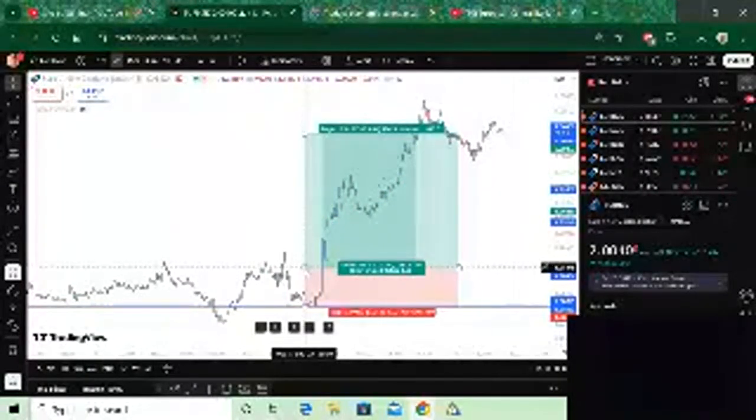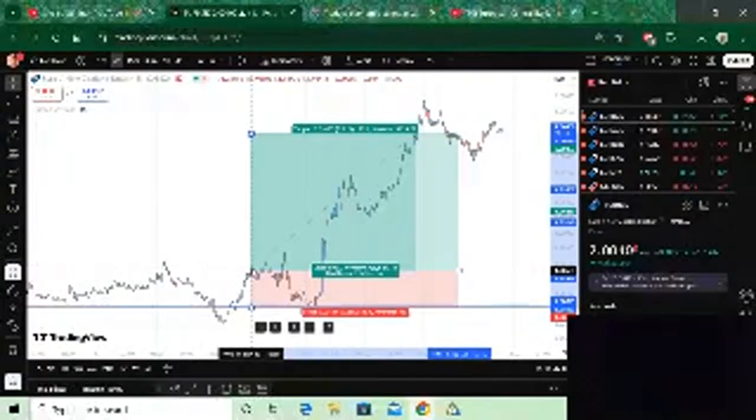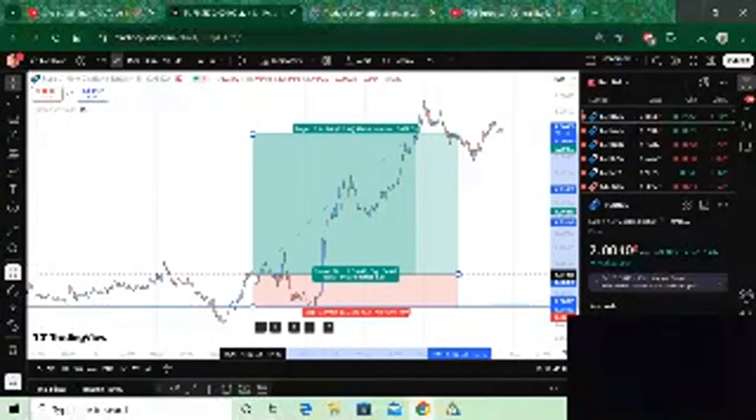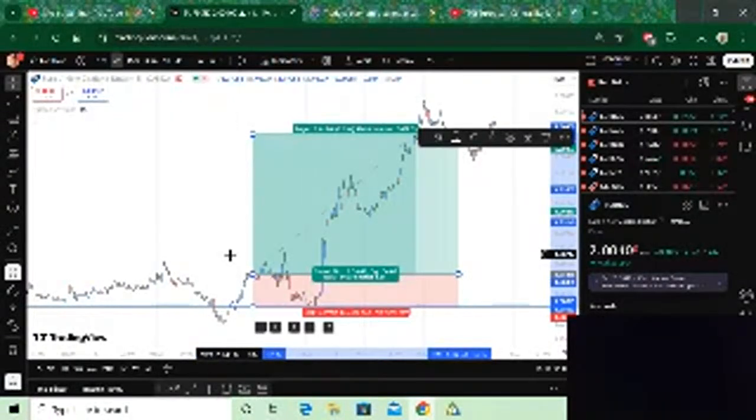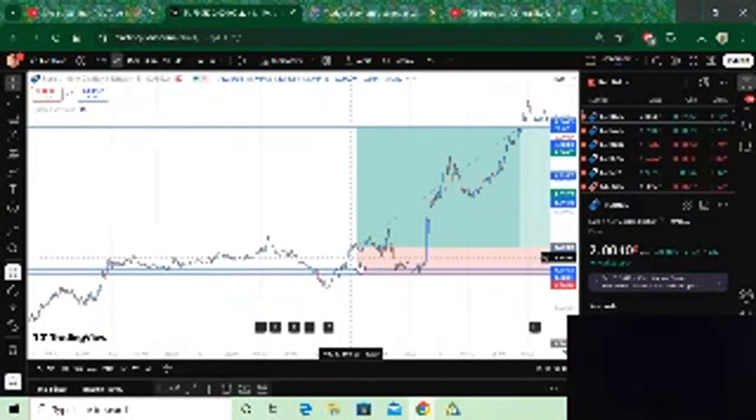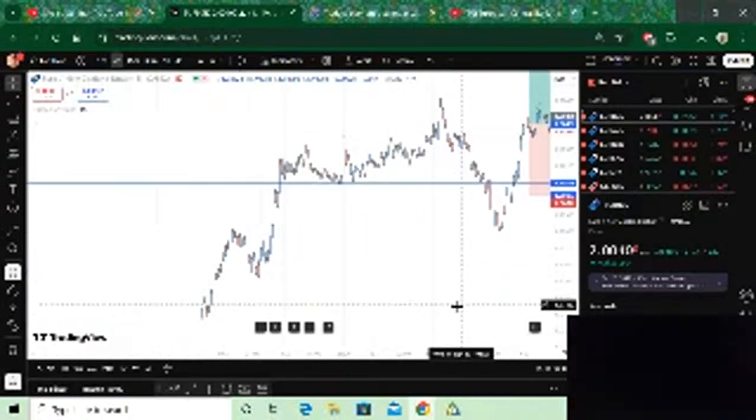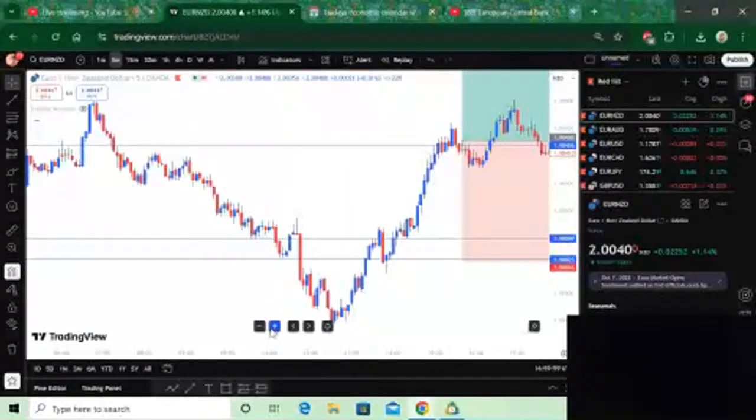But there was something I wanted to point out. I think it came up somewhere here. So for this very trade, right? For Euro NZD, we did not place the trade on this.